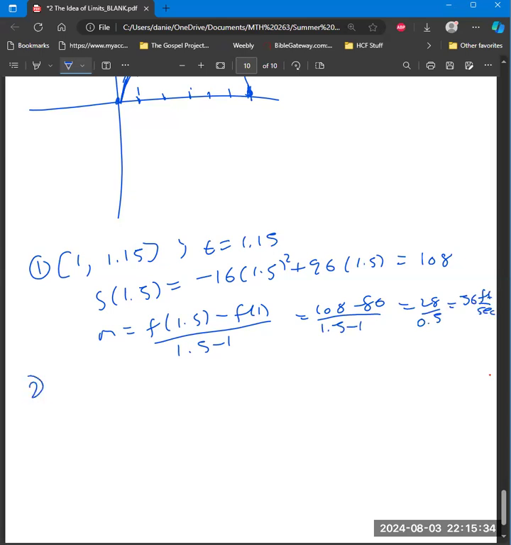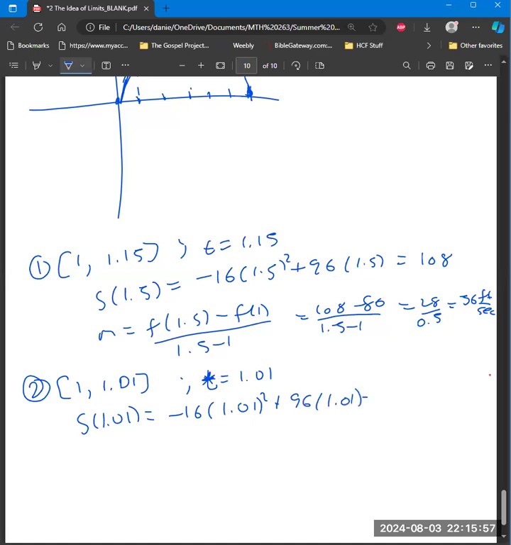We're going to have to do the same thing here. This is t. Just use your calculator, this is 80.6384.